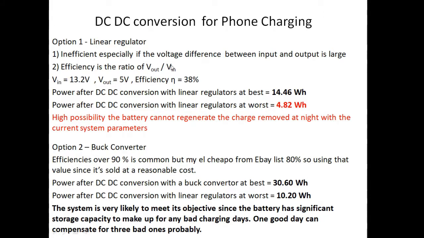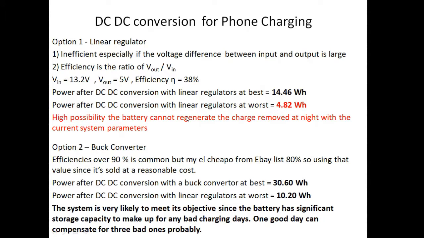Essentially V out over V in is the efficiency, and that means it's highly inefficient when the voltage you're putting in is significantly higher than the voltage out, and a linear regulator always goes higher to lower. An efficiency of 38% means we're going to get about 14.46 watt hours, and on our worst case day 4.82.